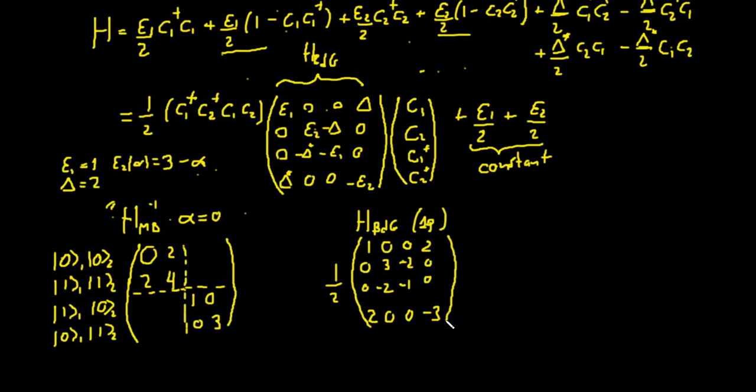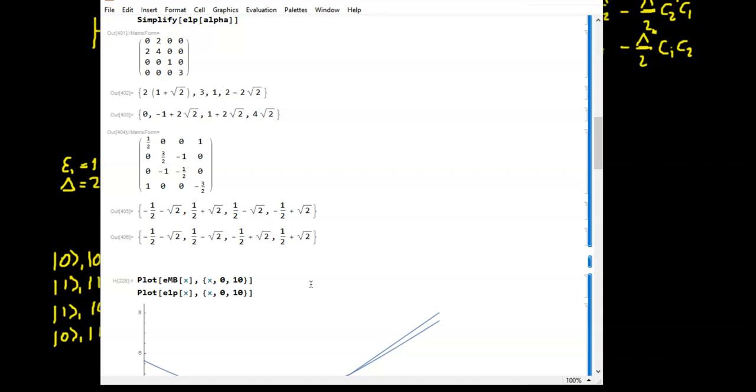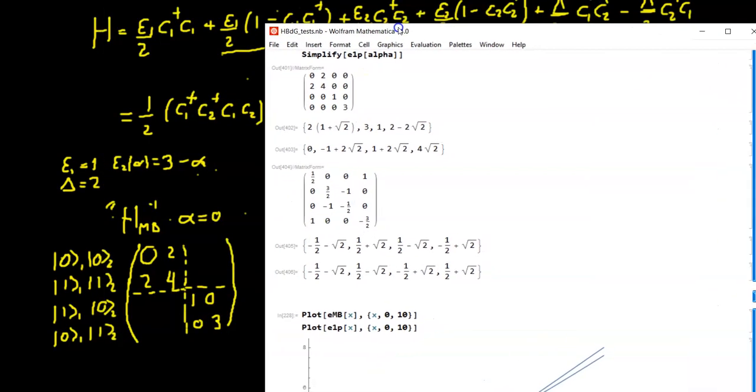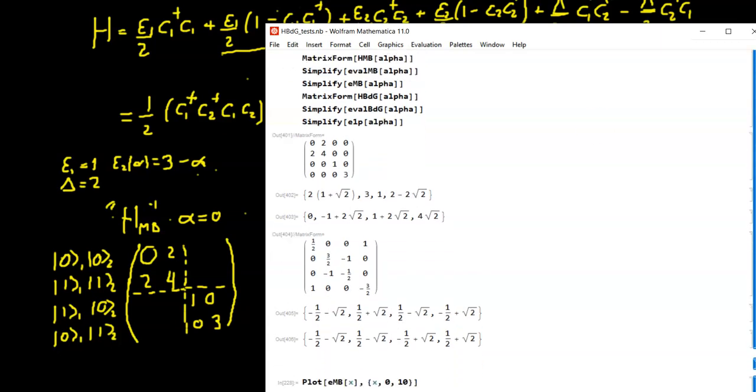Now let's diagonalize both Hamiltonians and see if we can make sense of something. So let's start. I'm going to pull a Mathematica script here, and this is this matrix, and I just diagonalize that. These are already put in terms of a function of alpha. We're going to play with that later.